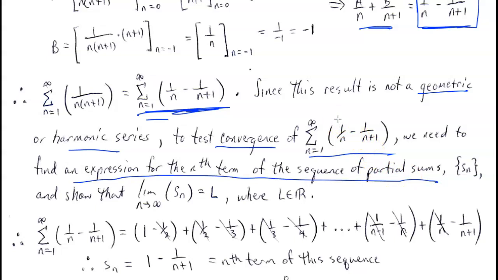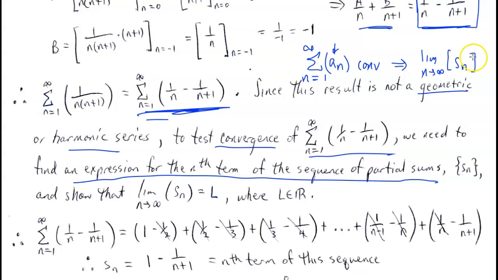It takes us back to what we talked about earlier. If I want to know if a corresponding series is convergent or not, what I could do is take the limit of the sequence of partial sums for that particular series.